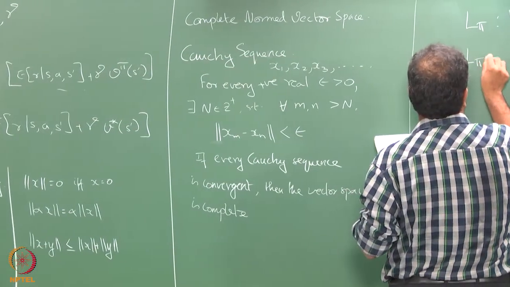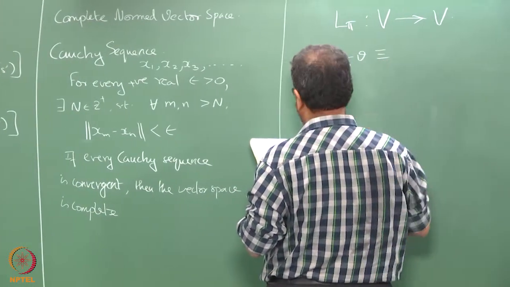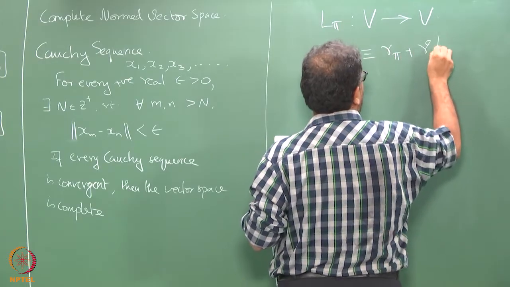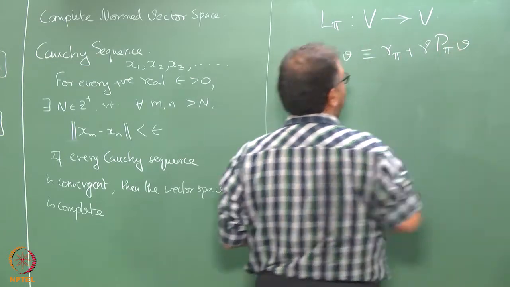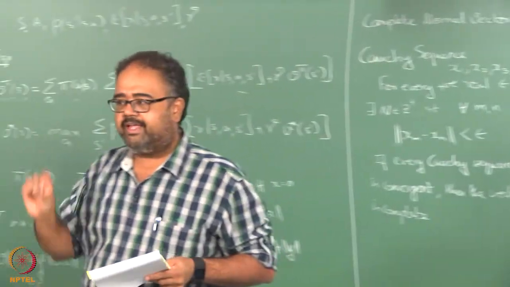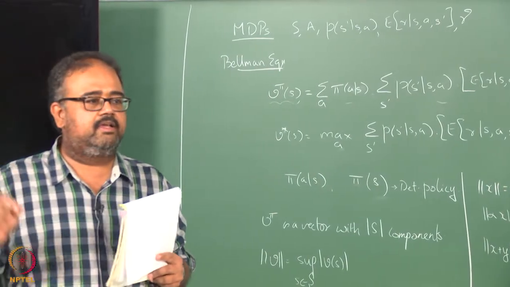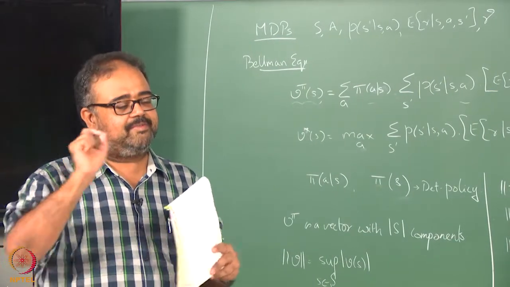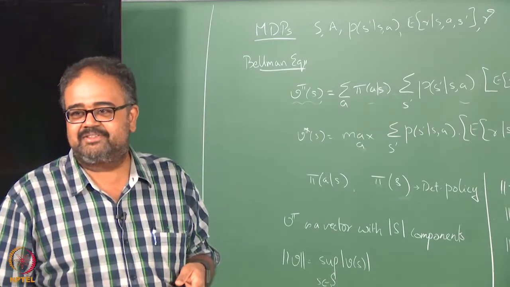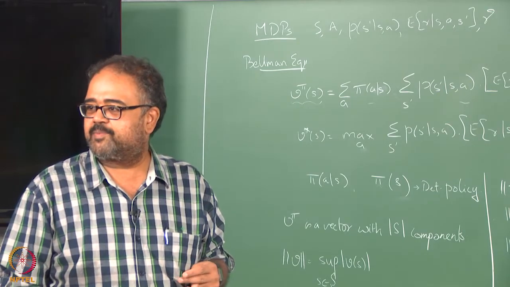So how will I define L pi? L pi operating on V will give me back a function. V is some element in capital V, so it is some value function, or rather some element in capital V. What is the difference between saying that it is some value function and saying some element in capital V?